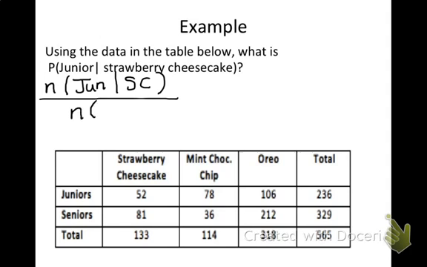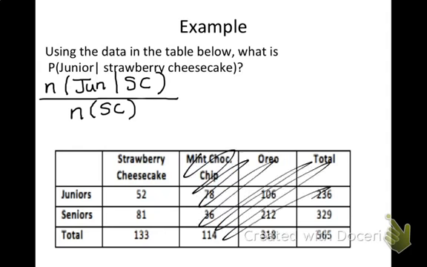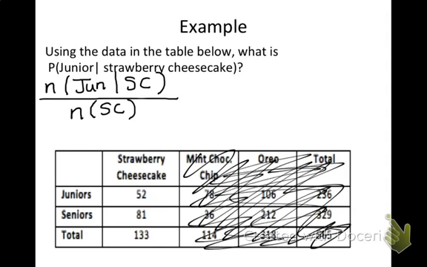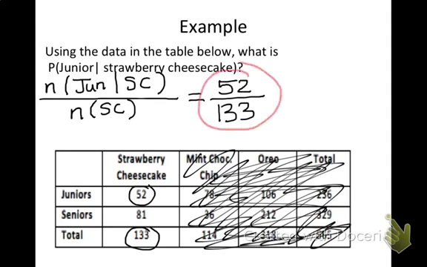So the number of people who like strawberry cheesecake goes at the bottom. I'm going to mark everybody else out, because we're only paying attention to our given, which is strawberry cheesecake. How many people like strawberry cheesecake? 133. How many juniors like strawberry cheesecake? That's 52. I don't think you can simplify that one either. So that would be your final answer.